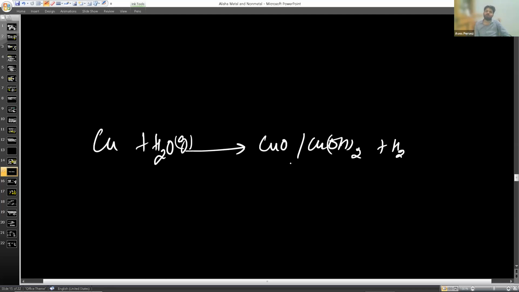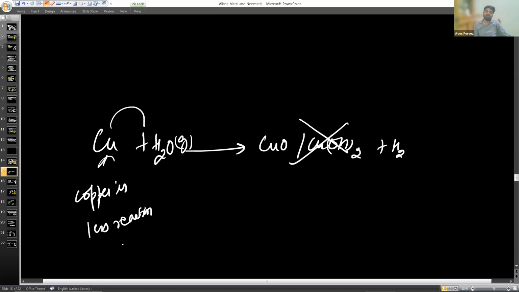Yes, it does not react with water because copper is less reactive than hydrogen, so it will not be able to displace it. Reactions of metals with acid or with water are both displacement reactions, where the more reactive element displaces the less reactive element.